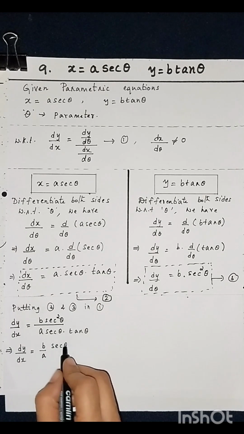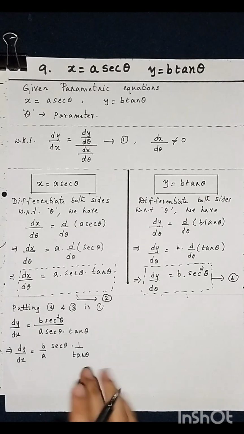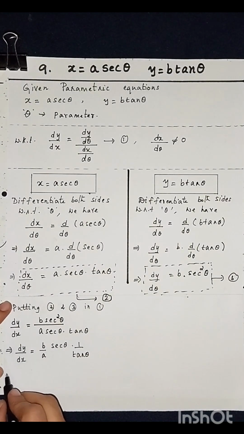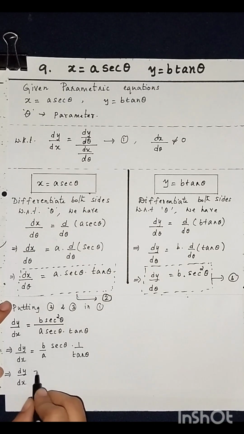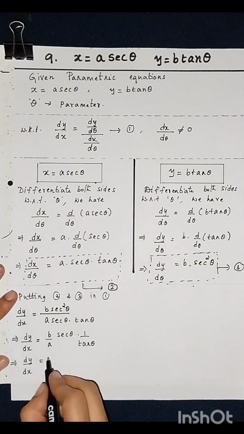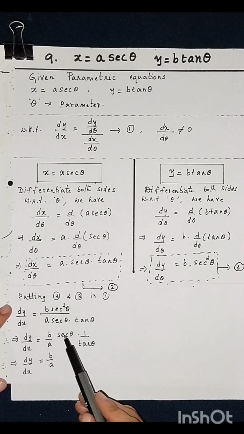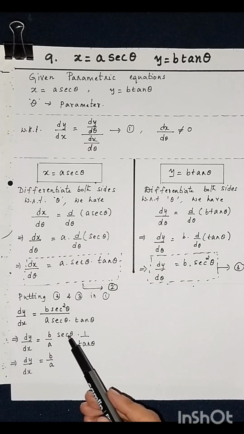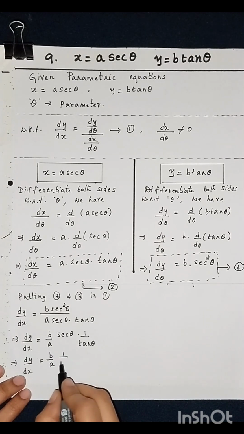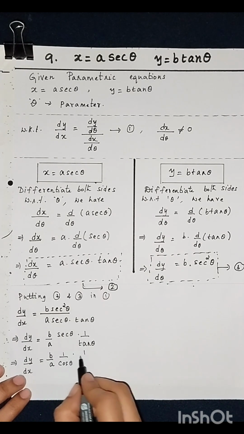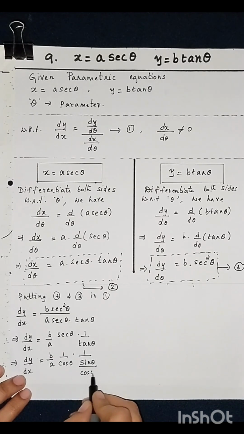So 1 will remain secant theta. Then we have 1 by tan theta, right? So now dy by dx is equal to b by a. Why we can simplify further? Because we know secant has cosine in it and tan also has cosine, right? So we can write 1 by cos theta into 1 by tan theta, which is cos theta by sin theta.